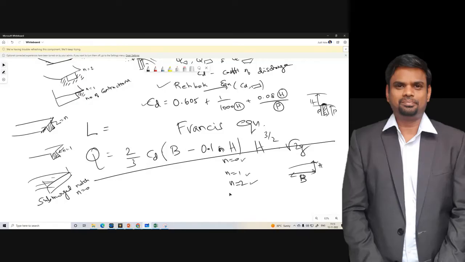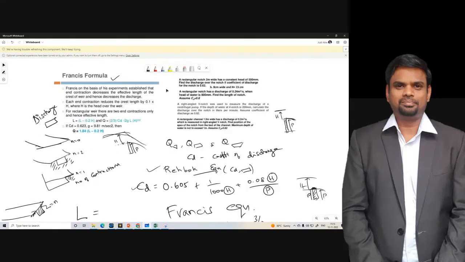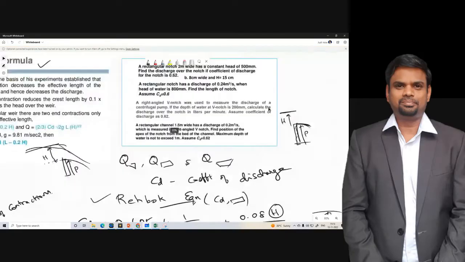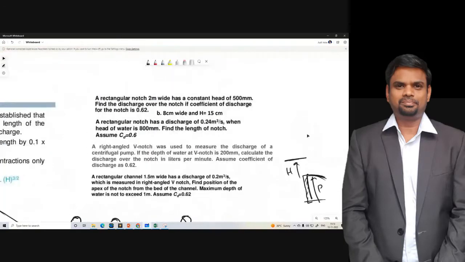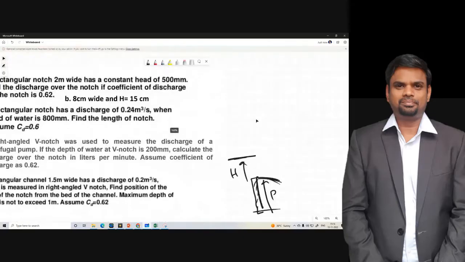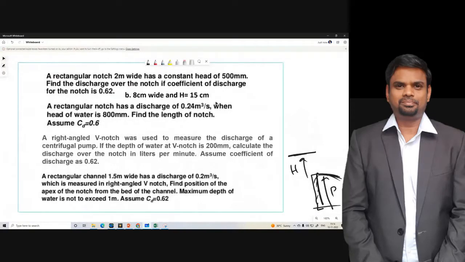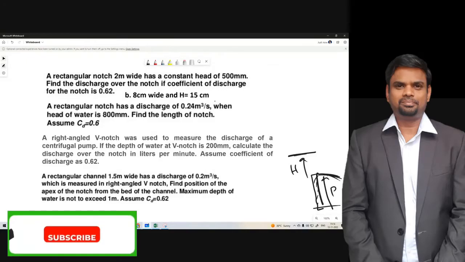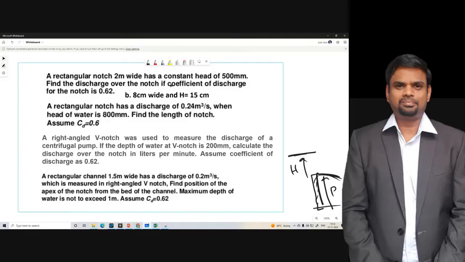Now we will solve some numericals under this topic. First we will solve a numerical on a rectangular notch.